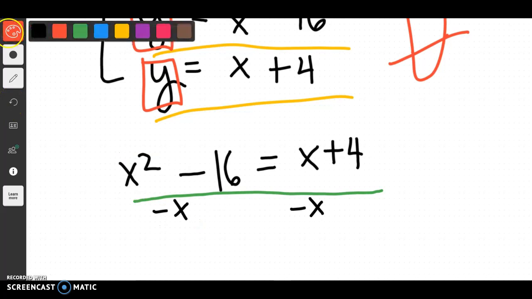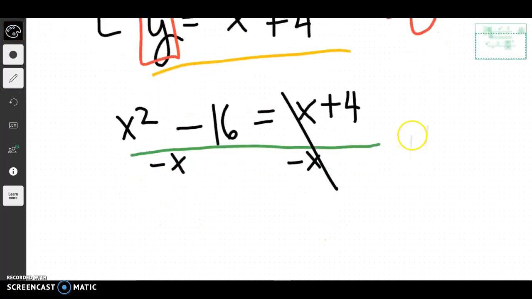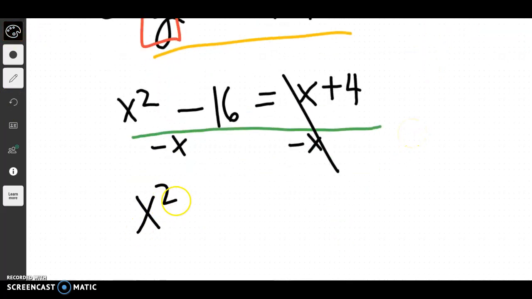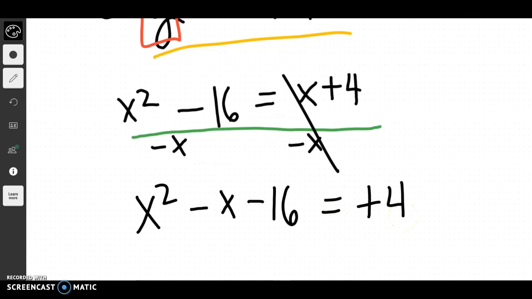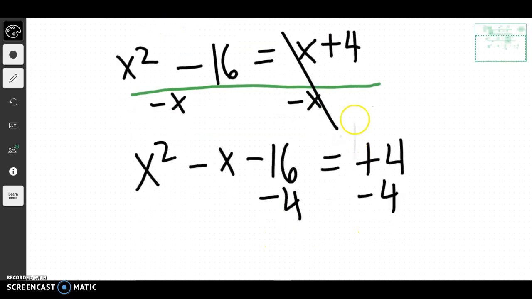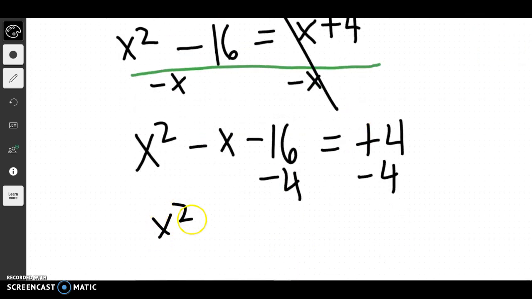So we can't subtract them, but we can subtract them there and make it look like this. Now I'm going to do something that is even more weird. I'm going to combine these things by moving the negative 4 over here. So normally you're taught to get the x's on different sides of the numbers, but for this one we're going to get them all on the same side, and 4 minus 4 will give you 0.